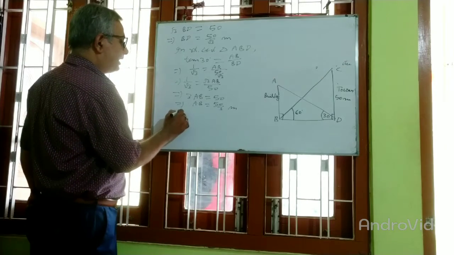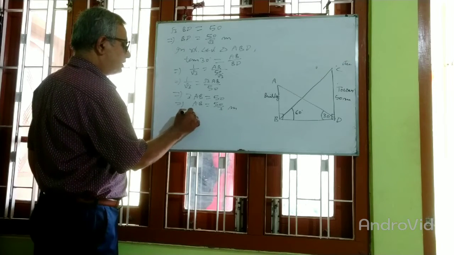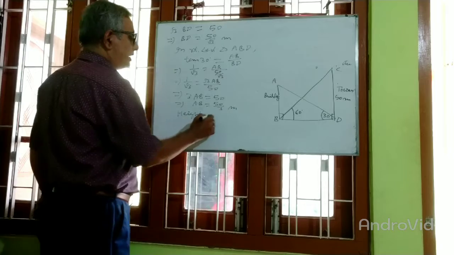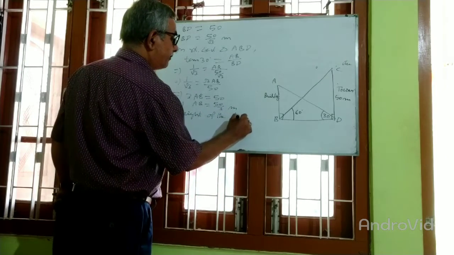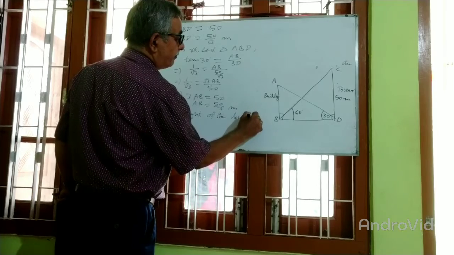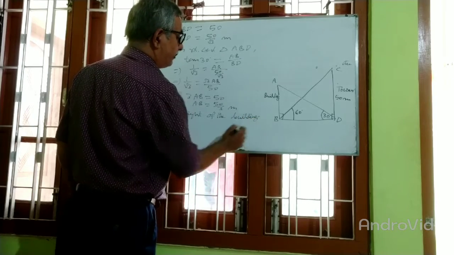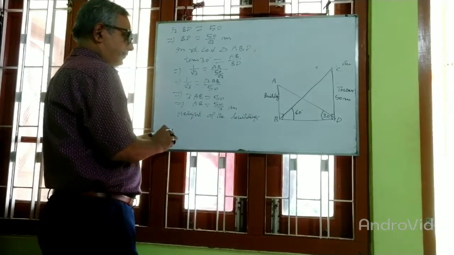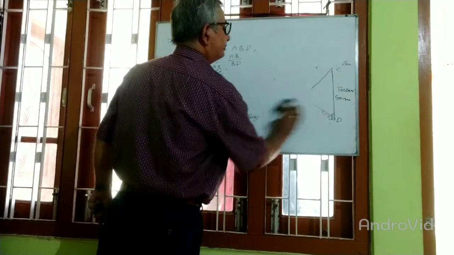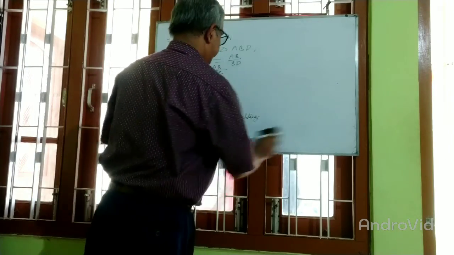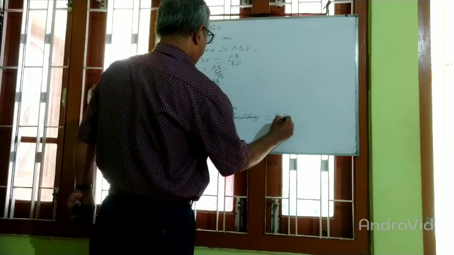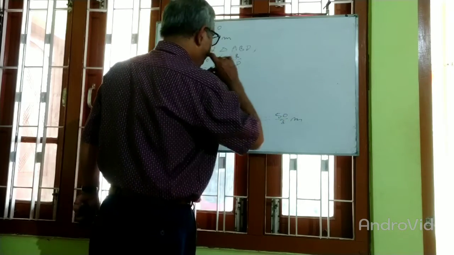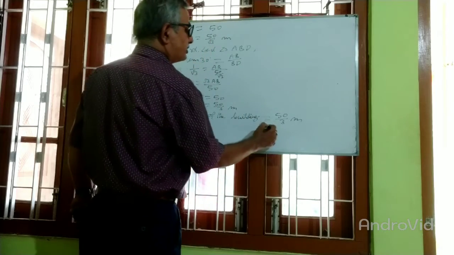You tell height of the building, how much you are getting? Height of the building is equal to 50 by 3 meter, or you may divide and get the answer.